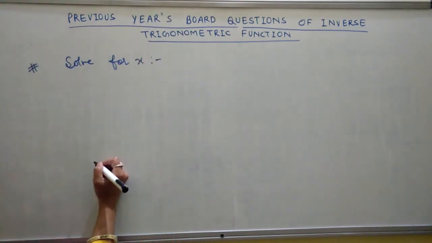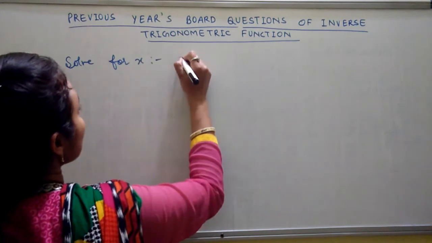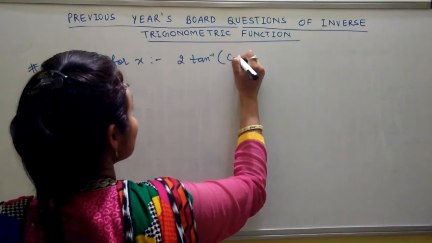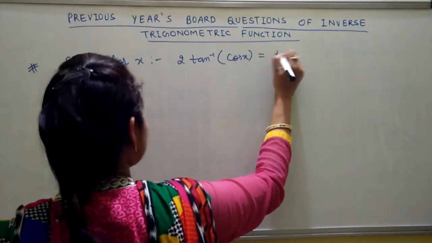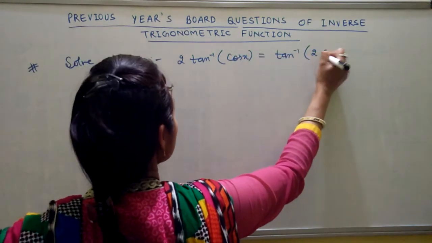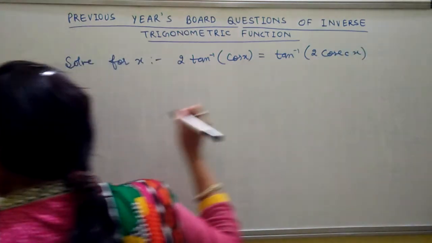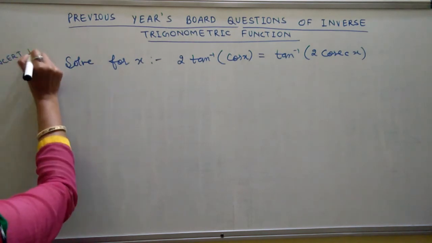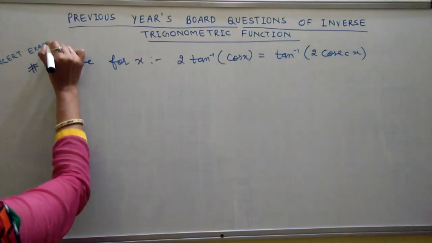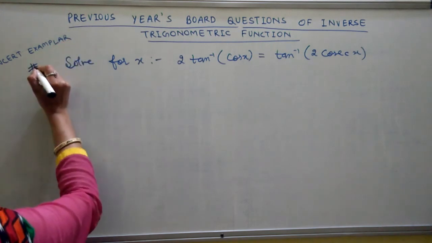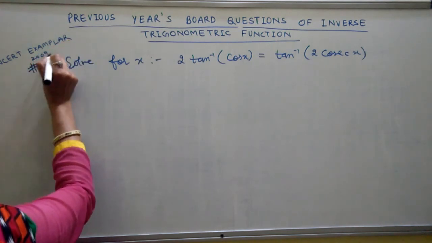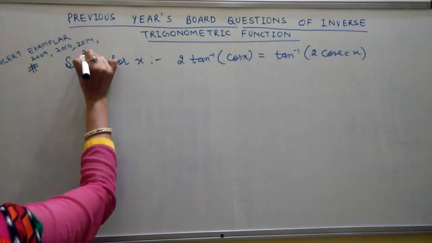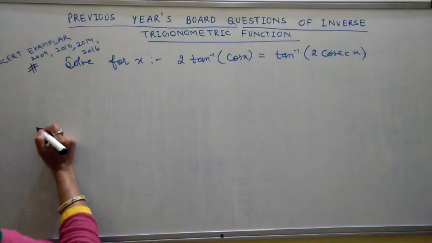Question is 2 tan inverse cos x is equals to tan inverse 2 cosecant x. This is a very important question. This is NCERT exemplar problem and comes in 2009, 2010, 2014 and 2016. This is very very important question.